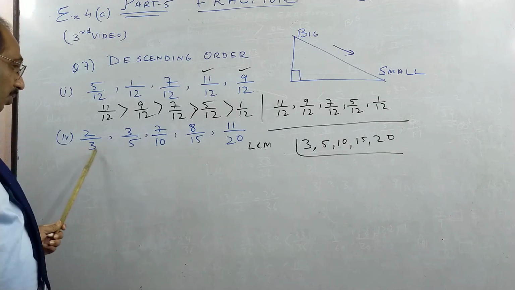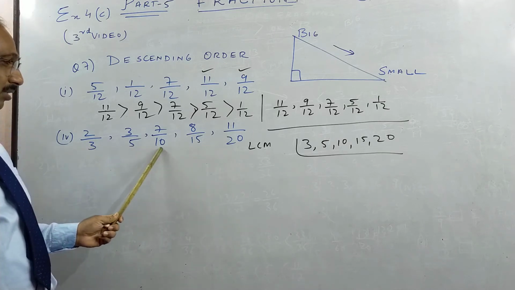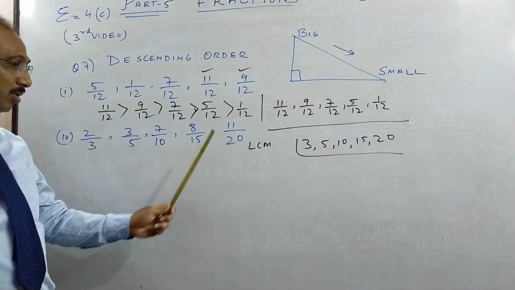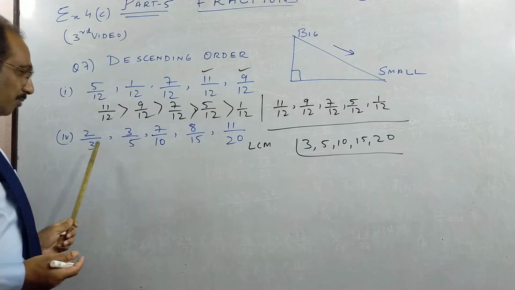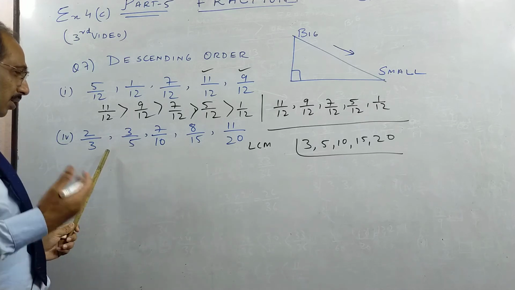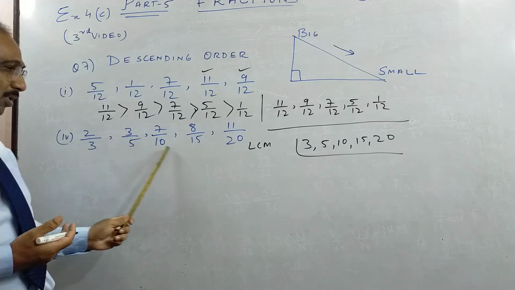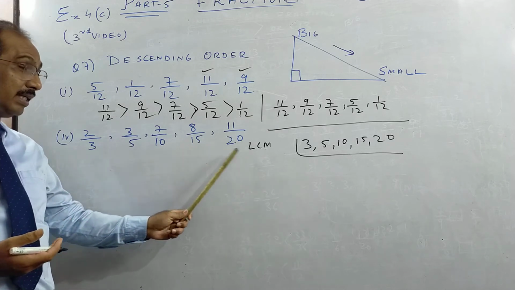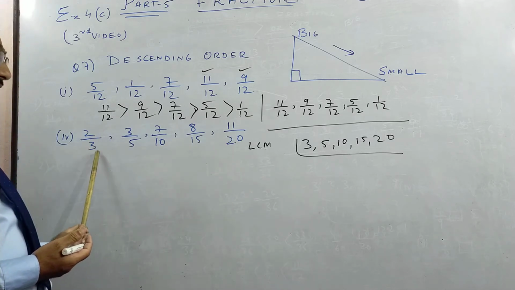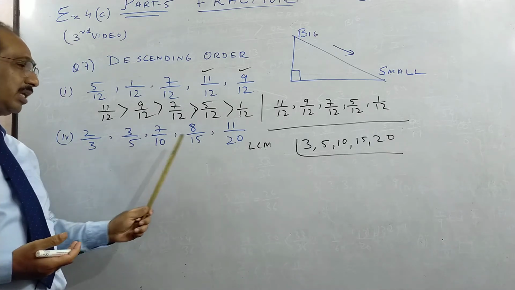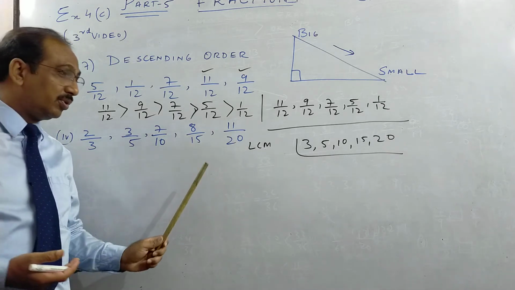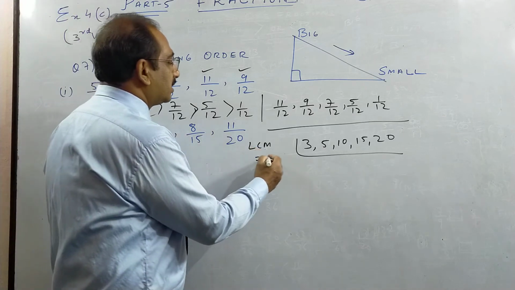You will see no. So you multiply 20, try with 40. Does 40 come in the table of all of these? No. Take 3 twenties, 60. 60, you will see yes. 3 will go 20 times, 5 will go 12 times, 10 will go 6 times, 15 will go 4 times. So LCM will be 60.